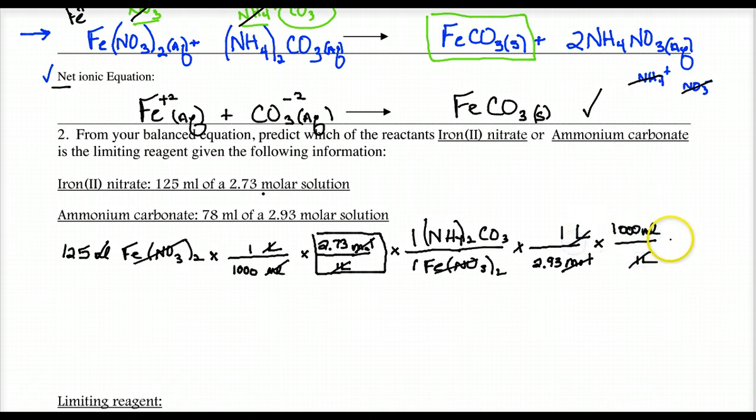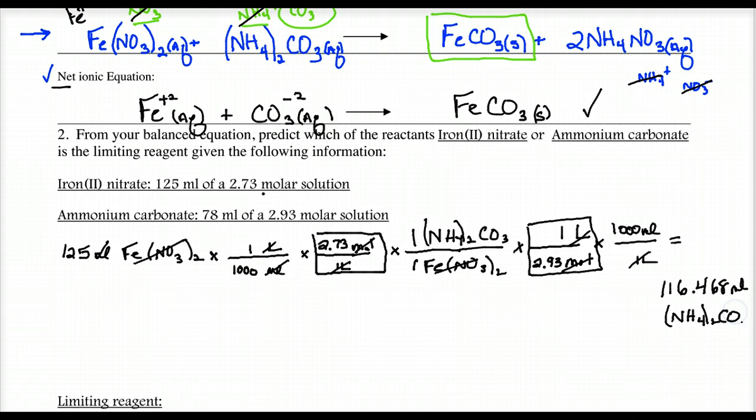All right, so there's our stoich problem using molarity, and of course these two spots here were my gateway from volume to moles. And what I do is I multiply that through, and what I get is 116.468, we'll say, milliliters of what? Of ammonium carbonate.